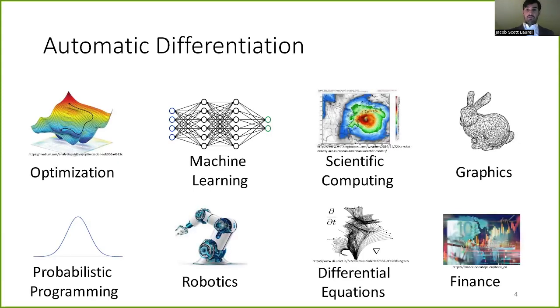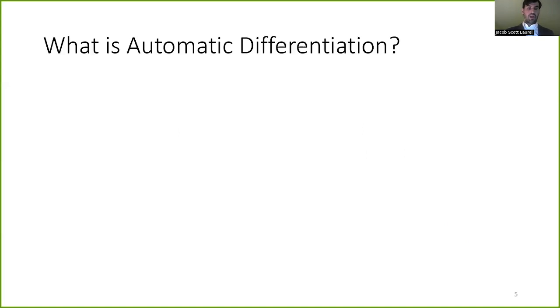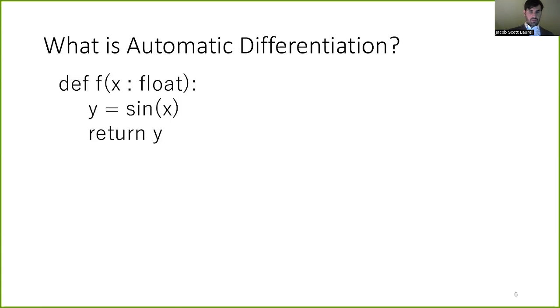Automatic differentiation is everywhere, whether it's graphics, scientific computing, and of course machine learning. It pervades computer science. Now, what actually is automatic differentiation? Well, imagine I have this function, the sine function, which is differentiable, and I've implemented it as a program.